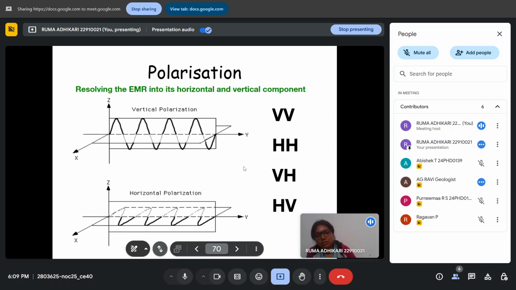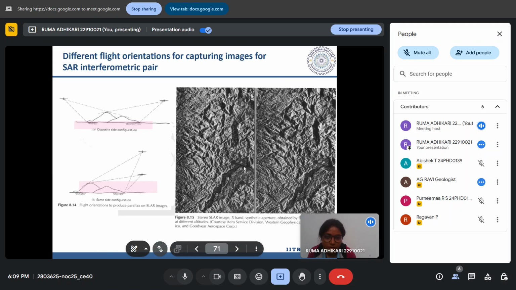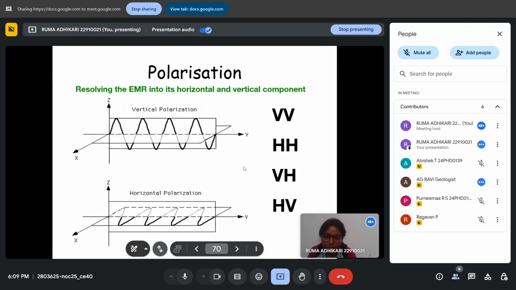But we will not call these totally polarization, because I will come to that later. This we will say band.